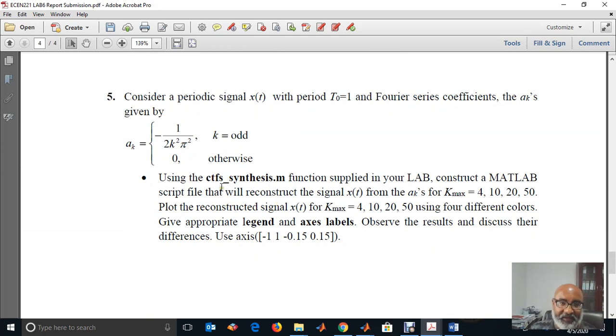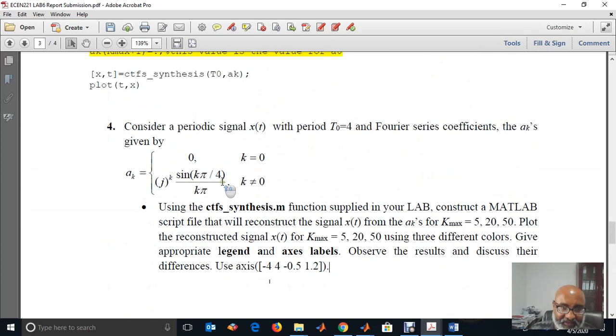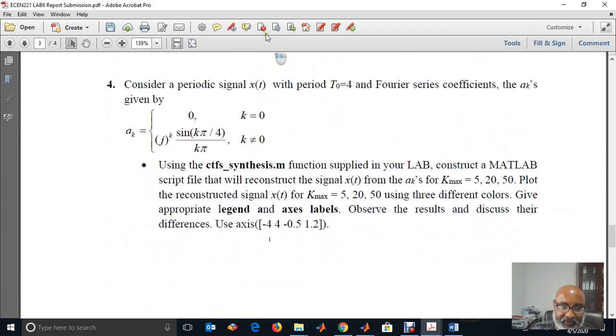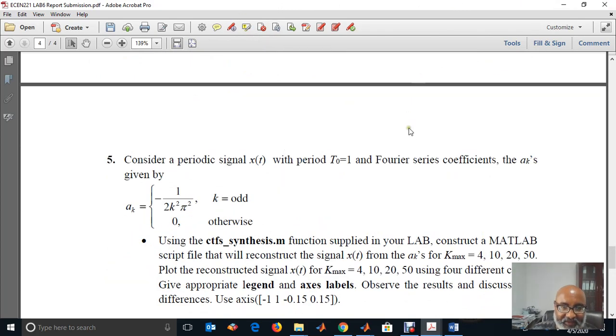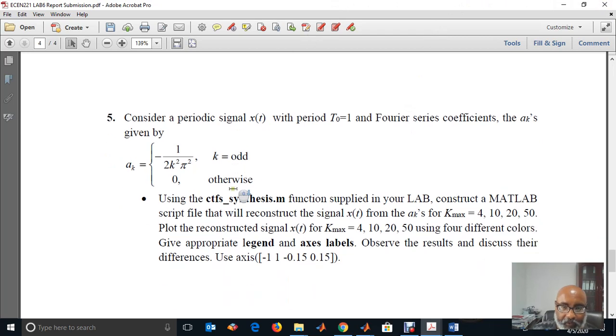And in the fifth exercise, another signal. This will give you one type of signal, and here another type of signal. You will reconstruct it again by defining a_k. Here, remember how a_k is defined? a_k is -1 over 2k squared times pi squared, when k is an odd number. Odd numbers mean 1, 3, 5, -1, -3, and so on.